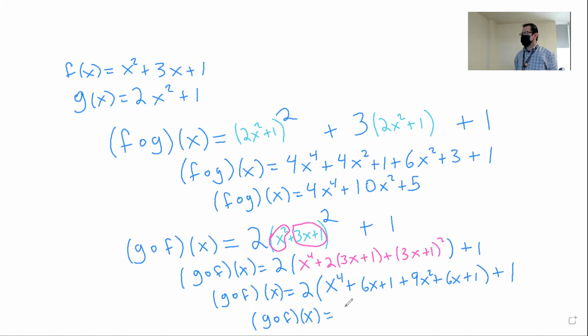This is going to be 2x to the 4. 6x plus 6x is 12x times 2 is going to be 24x. 2 times 9 is going to be 18x squared. 1 plus 1 is 2 times 2 is 4 times 1 is 5.